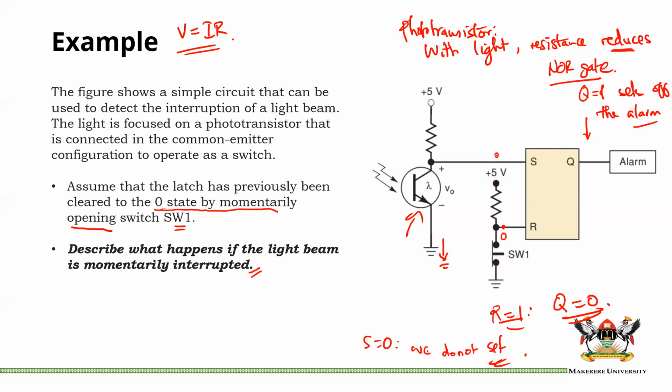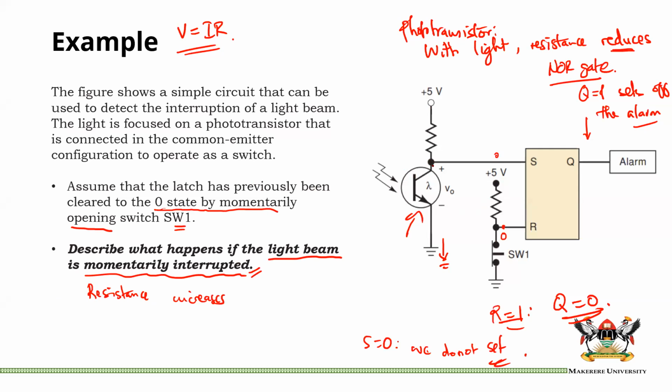Now, let us assume that the light beam has been momentarily interrupted. What does that mean? If we interrupt it, it means that resistance increases. If there is a lot of resistance here, you have a potential difference.